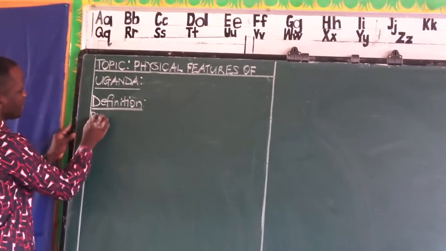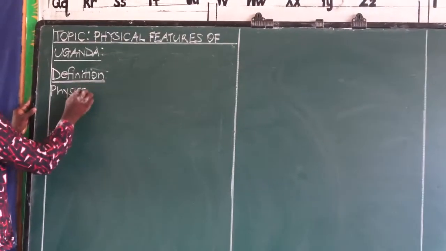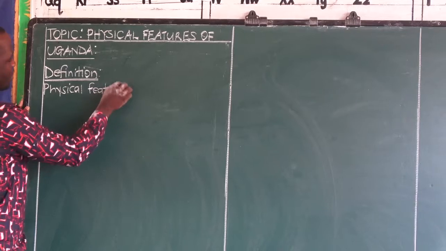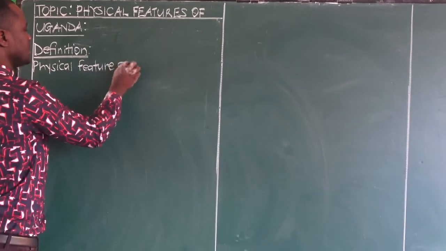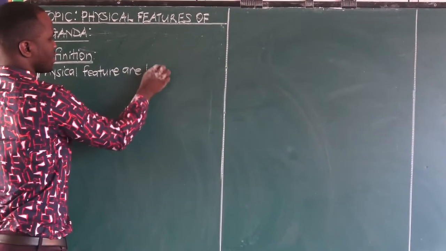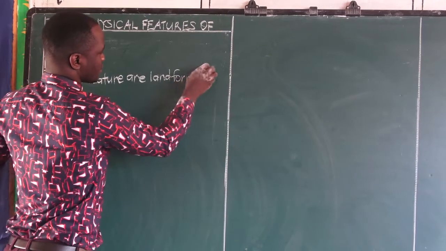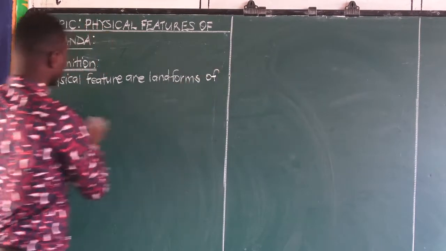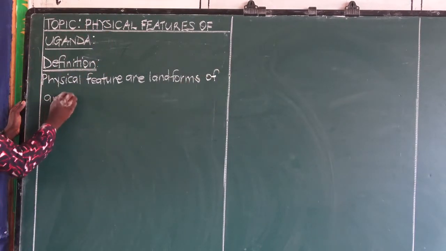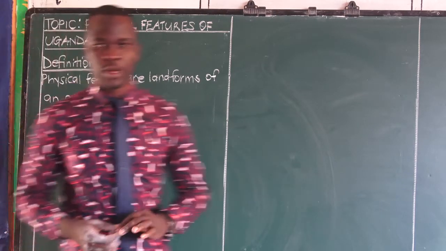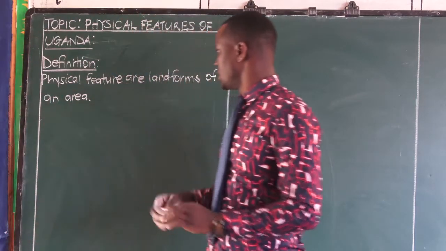The answer is physical features can simply be defined as the landforms of an area. That is how simple we are going to give this definition.